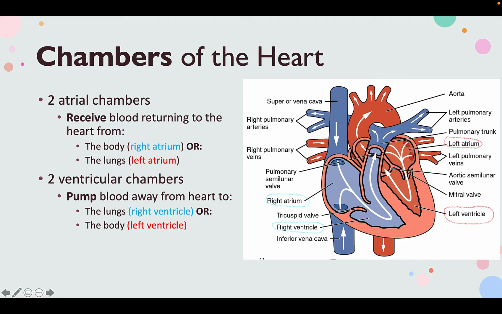The atrial chambers receive blood coming in. Atria receive the blood, and the ventricles pump the blood. So think of the ventricles as the actual mechanism to get the blood out of the heart. So the ventricles pump the blood out, either to the lungs or to the rest of the body.